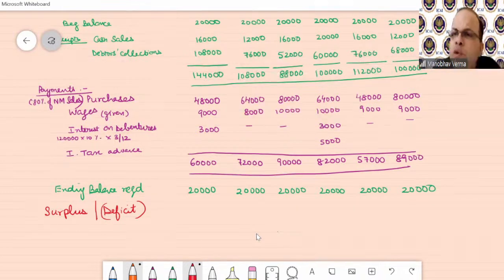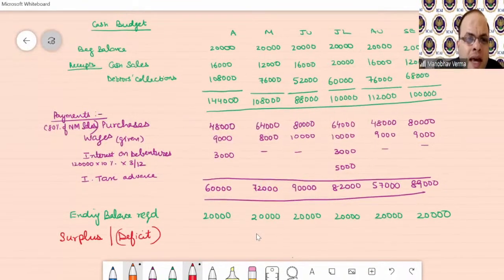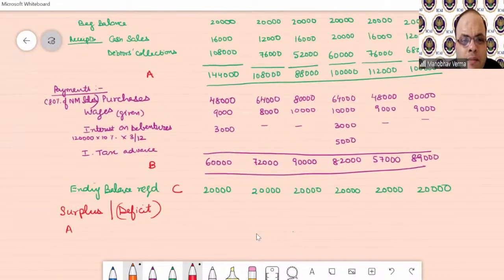So 144 for April was the receipts, and you had payments of 60, so 84, and you need 20, guys, so 84. Let's see a quick check here. Let's say this is A, this is B, and this is C. So what I'm mentioning here is that surplus or deficit is A minus B minus C. So surplus, we have a positive number here, 64,000, 64.